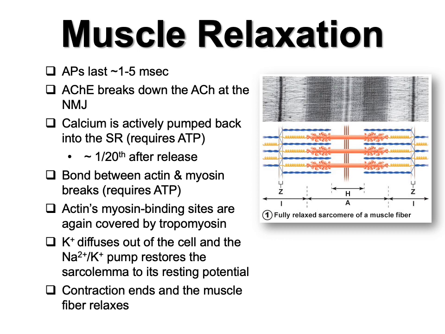The actin-myosin binding sites will be covered up again by tropomyosin and locked into place by troponin. Then potassium will diffuse out of the cell, and the sodium-potassium pump will restore the sarcolemma back to its resting membrane potential, and the contraction will end, and the muscle fiber will relax.